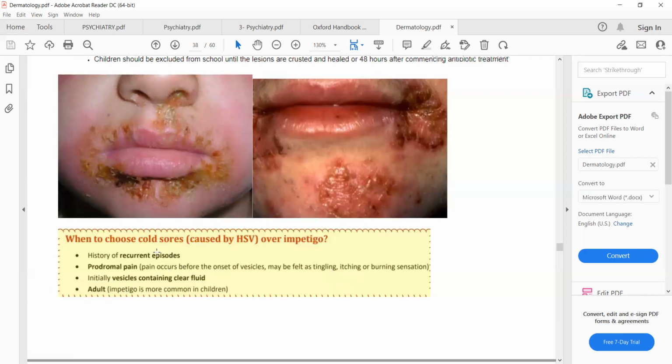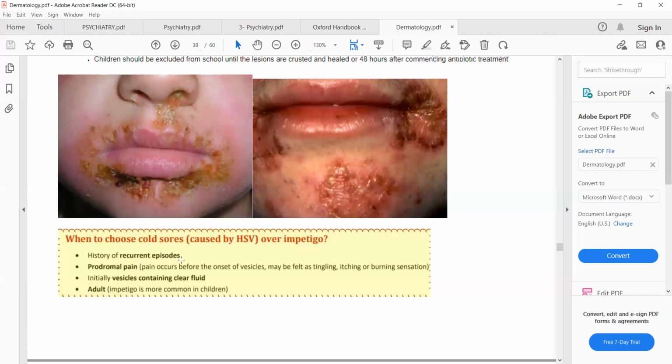So these 4 points are important to remember, because we discussed in the previous lectures that someone with a history of eczema can develop herpes virus infection as well as bacterial infection in the form of impetigo. That's why these 4 points are important to remember so that you can easily differentiate between these two types of lesions that are common around the mouth.